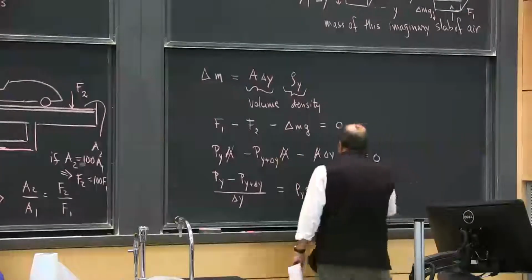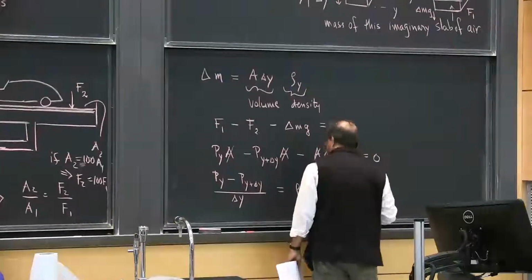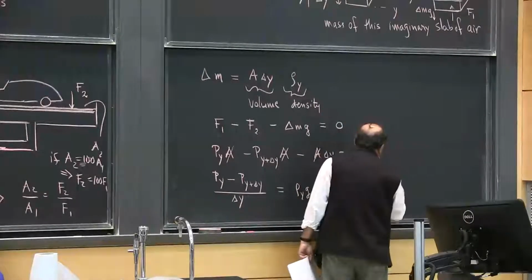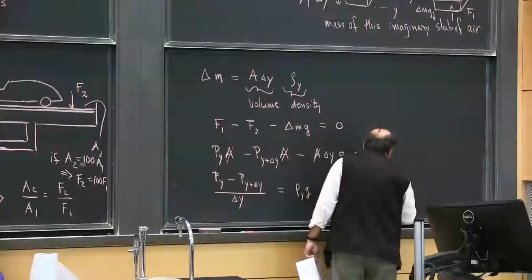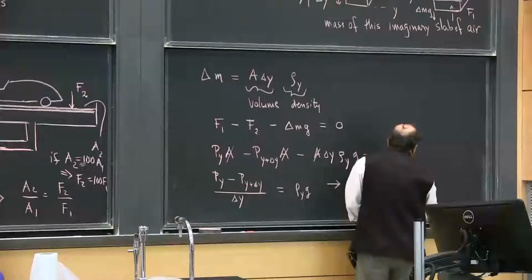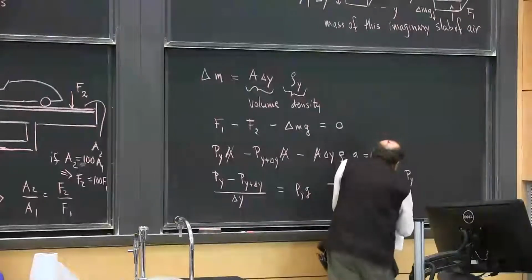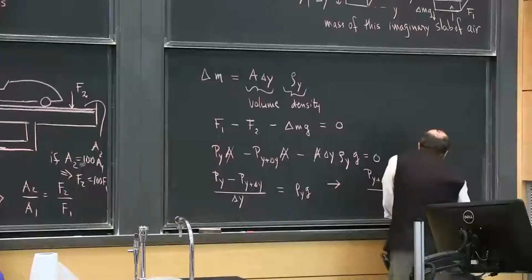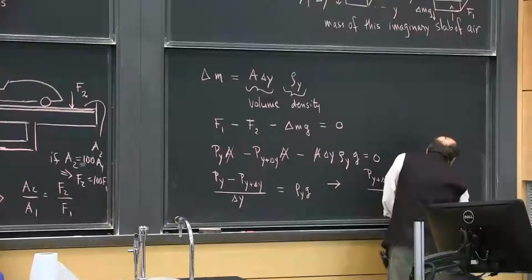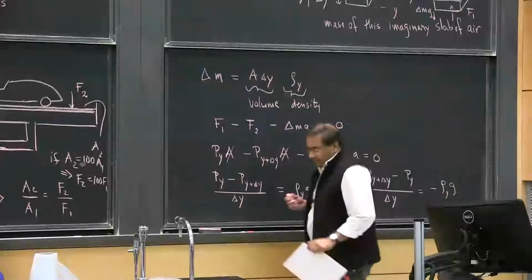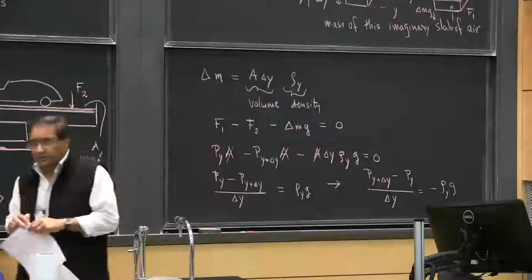But the way of writing this is actually a little different. Instead of writing P y minus P y plus delta y, one writes P y plus delta y, which is the pressure above, minus P y, which is the pressure below, divided by the distance between the measurement of the two pressures, is negative rho y times g.